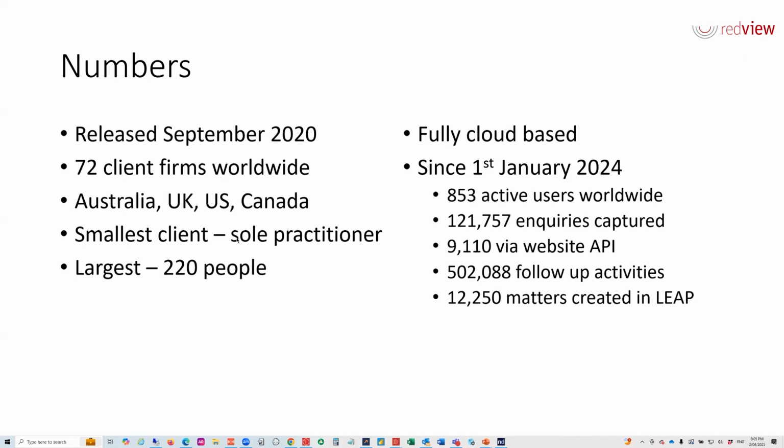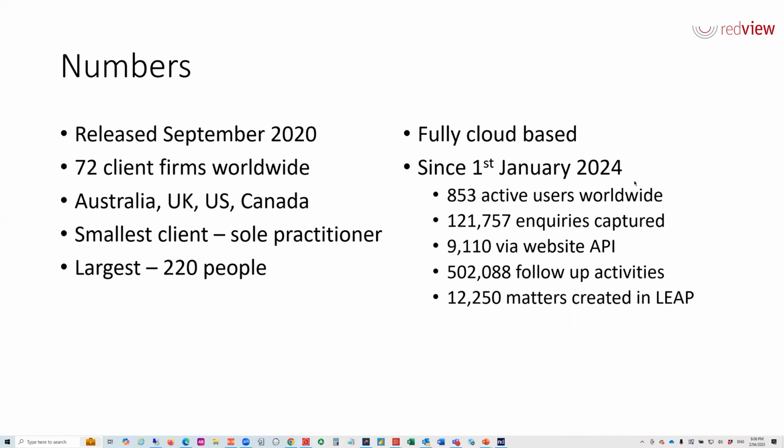Our smallest client is in fact a sole practitioner, where they were keen to get their leads tracked into a database rather than using Excel. And then our largest client is 220 people who are tracking around 2,500 to 3,000 new inquiries coming in every month. The software itself is fully cloud-based, sits alongside Leap, as I say.